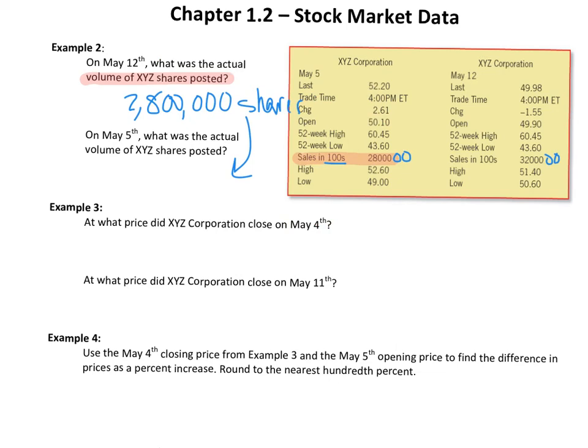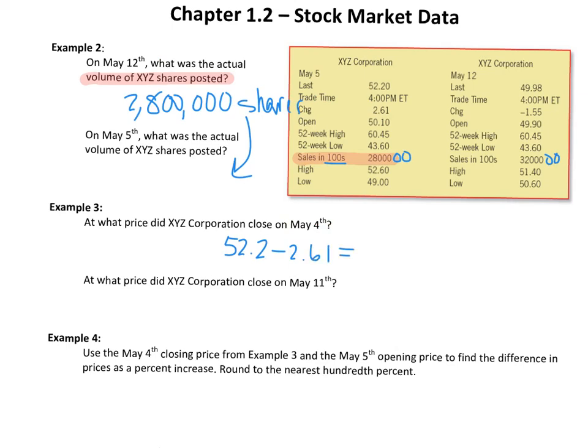So, we take the 52.2, and since the price has gone up 2.61, in order to figure out what it was before, we actually have to subtract 2.61.